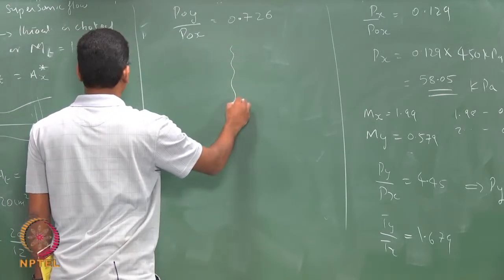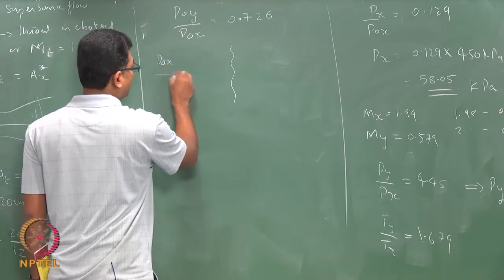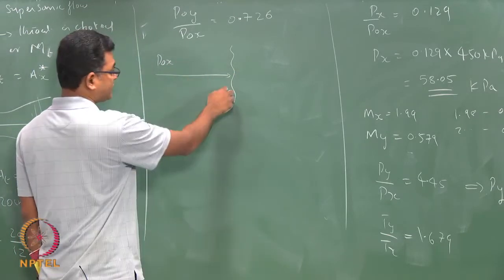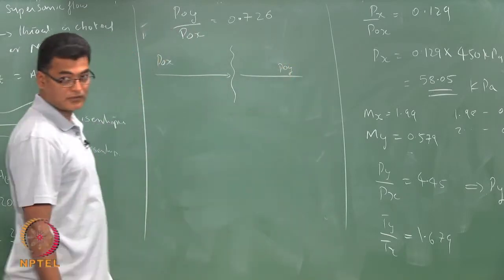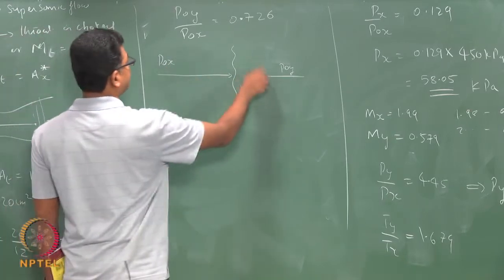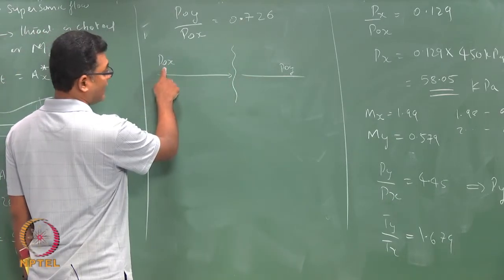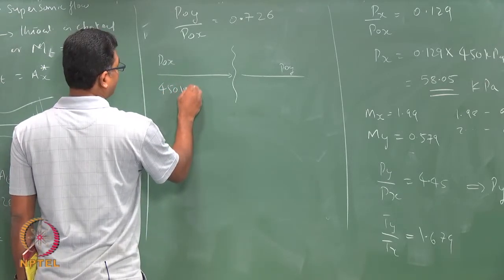So I have a shock here. There is a P0x that is coming. So it would be constant up to the shock, and after this I again have a P0y. Okay. So the jump P0y by P0x is given here. P0x is already given as 450 kilopascal.